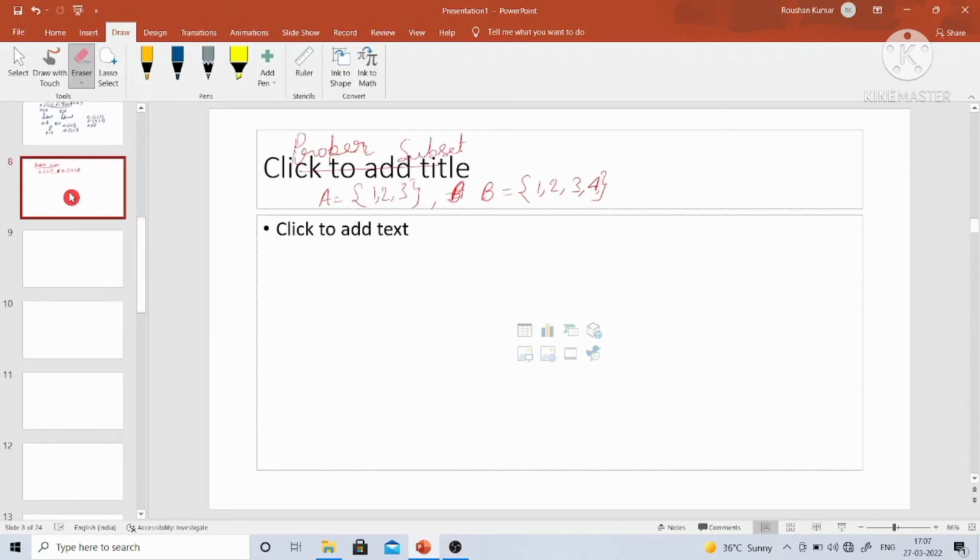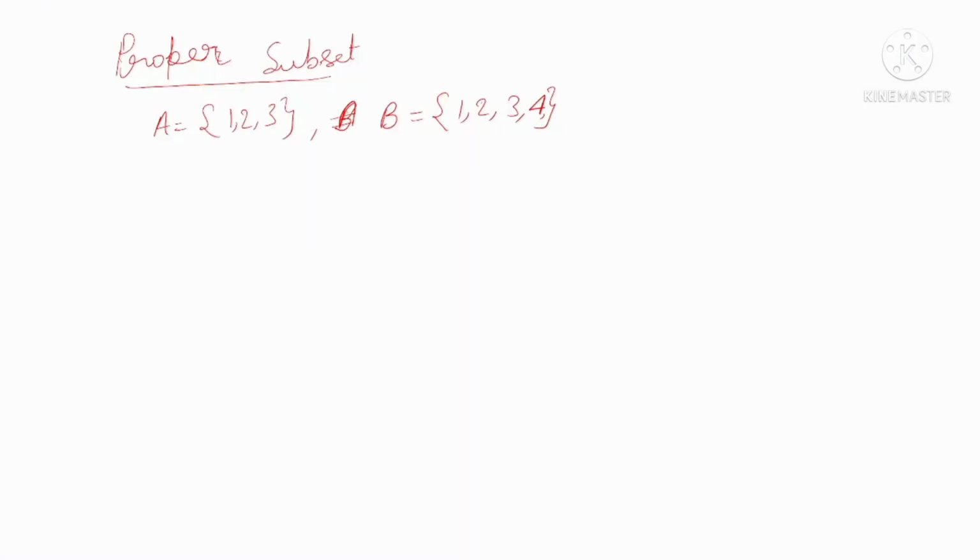Now here we go. So now in this case A is a proper subset. Okay, and the symbol for proper subset: you can see all elements of A are present in B but all elements of B are not present in A. So 1, 2, 3 are in B also, so here we can write it like this: A is a proper subset of B. This is the symbol for proper subset.